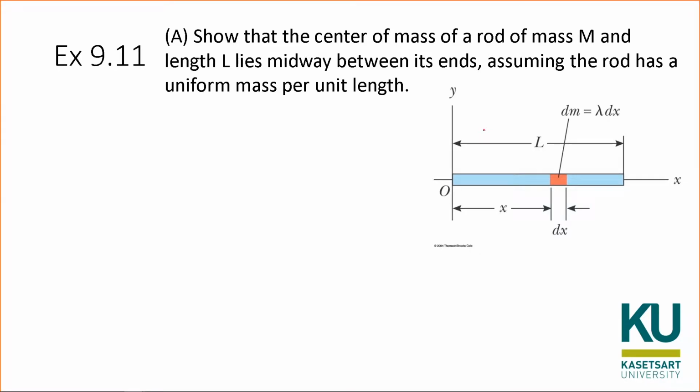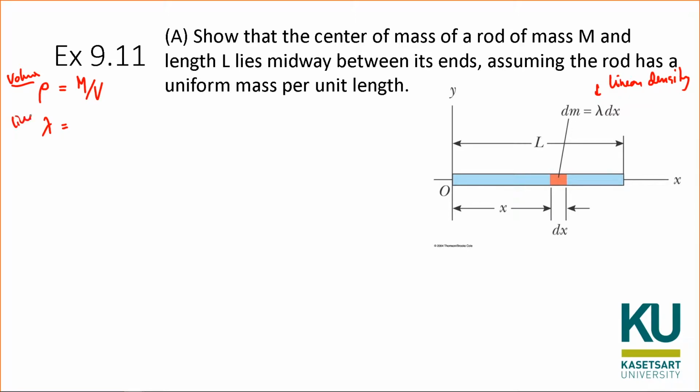So now we have a continuous mass with densities. Lambda here represents the linear density. You have the definition like a density, the normal density, D equals M over V. However, that is with volume.